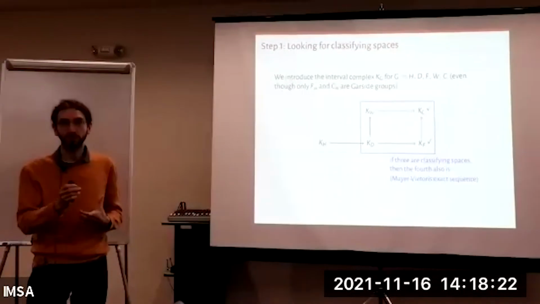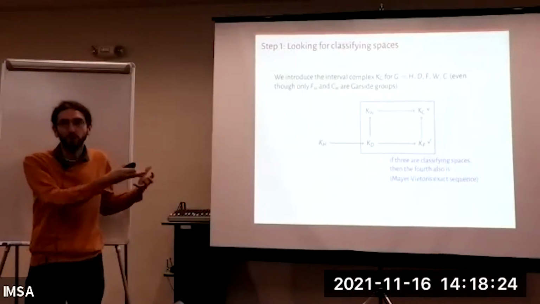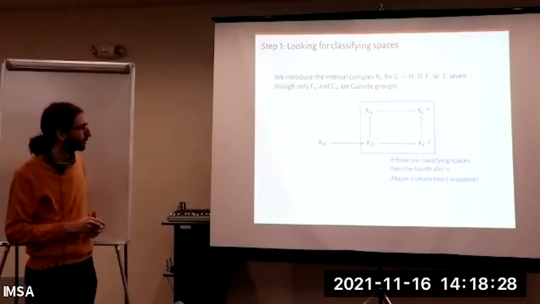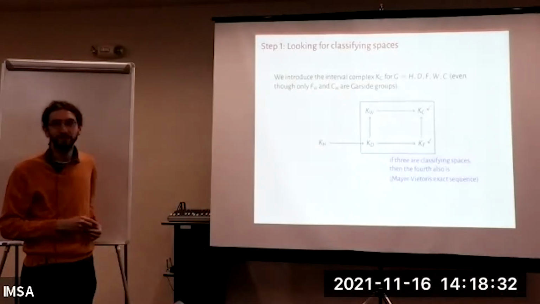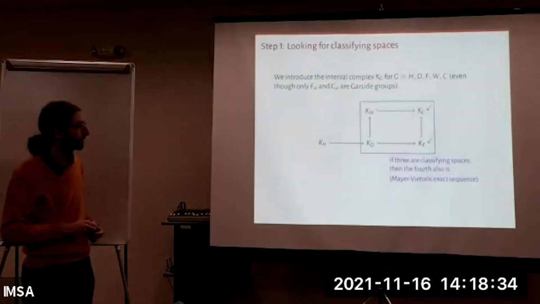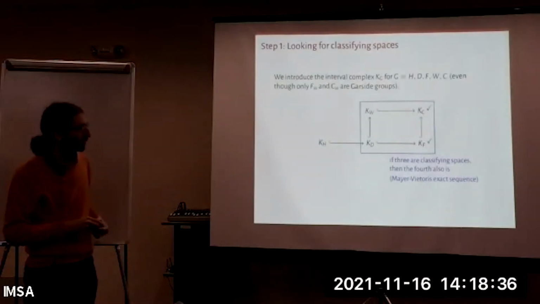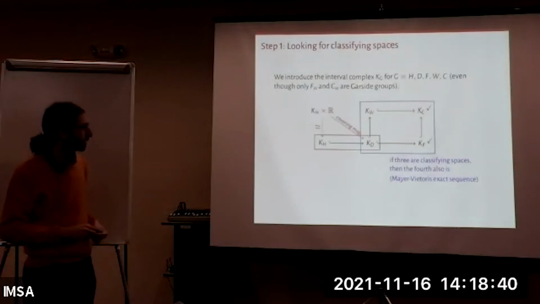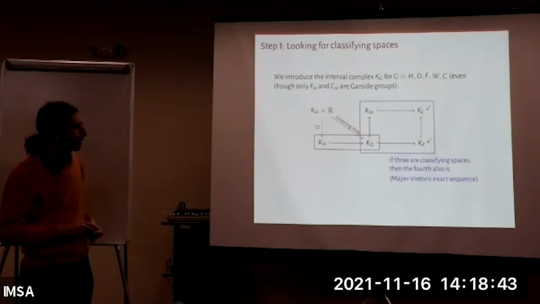Not difficult at all to see once you know the complexes. So basically, it is enough to show that this KD is a classifying space because we know it already for KF and KC. And the same holds here.